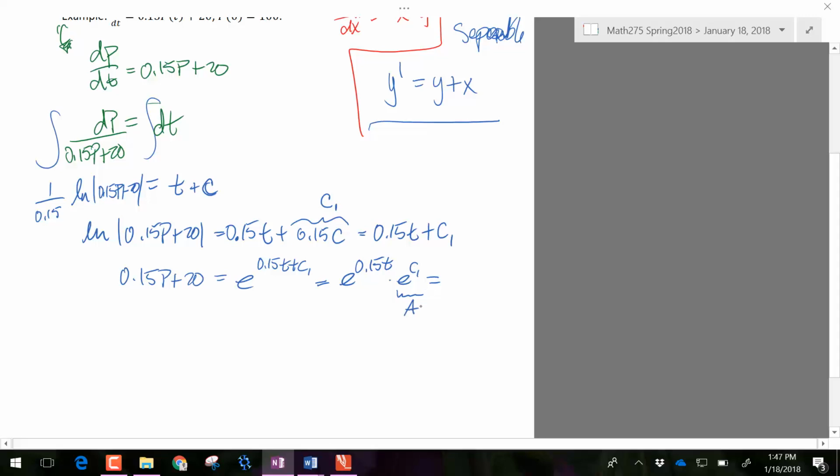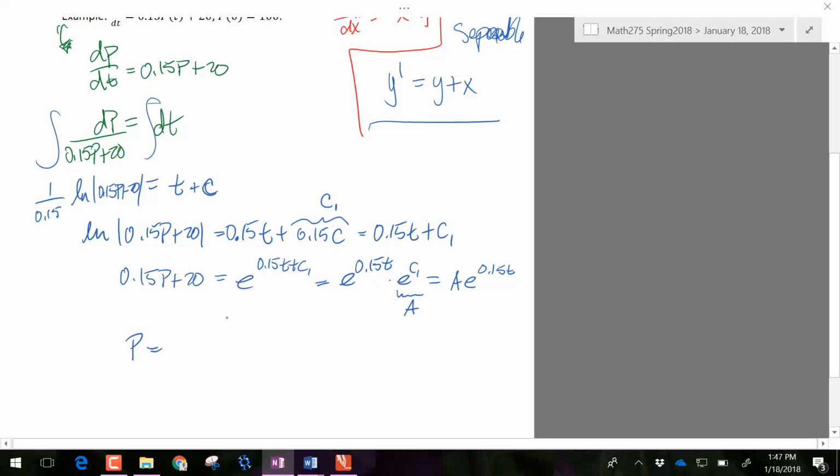And sometimes they just call that A, or A naught, or P naught, or whatever, and just say A e to the 0.15t, because it's just a constant. Well, that wouldn't be included as part of the constant, right? Because the constant is e to this thing, and if you add something to it, it's not the same as combining it.